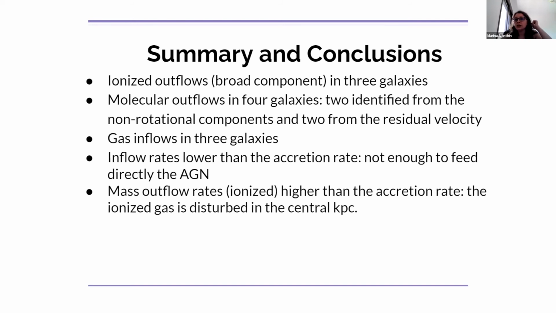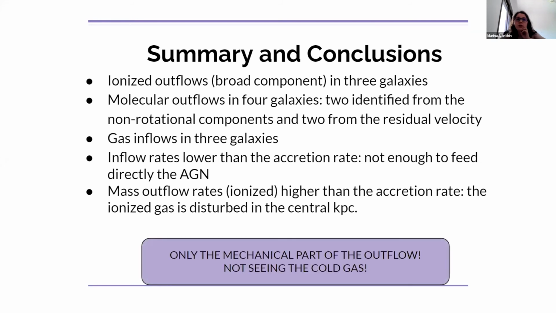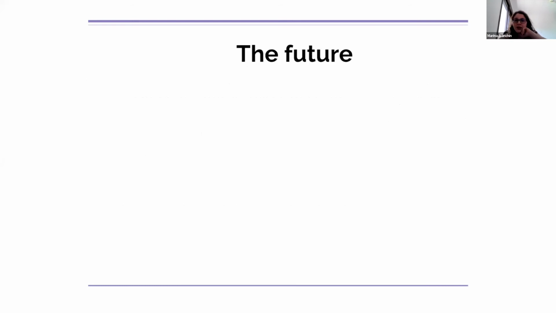They are higher than the accretion rate. So the ionized gas is disturbed in the central kiloparsec. But the important thing is that we are only measuring the mechanical part of the outflow, and we are not seeing the cold gas. That if we accounted for the mass of the cold gas, things would be different.